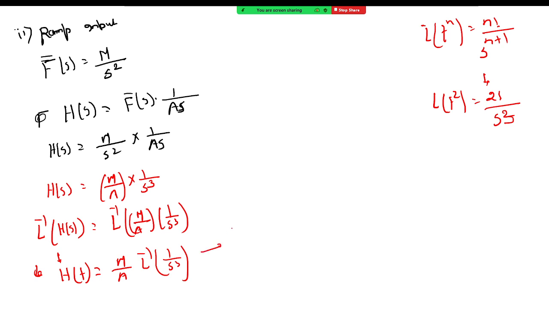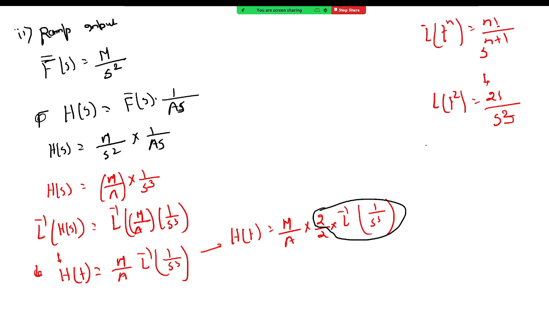So finally, I'll see the value of h(t) equals M upon A multiplied with 2 upon 2 into the Laplace inverse of 1 upon s cube, right? And this particular thing becomes t square. So finally you will see M divided by 2A t square.